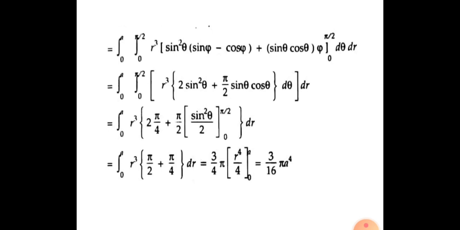Pi by 2 plus pi by 4 is 3 by 4 pi, into r cube dr. Integration of r cube dr is r power 4 by 4. So by taking the upper limit, 3 by 4 pi into a power 4 by 4, that is 3 by 16 pi a power 4.